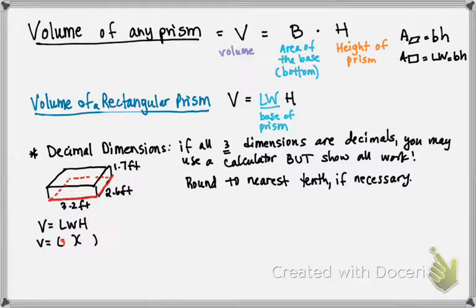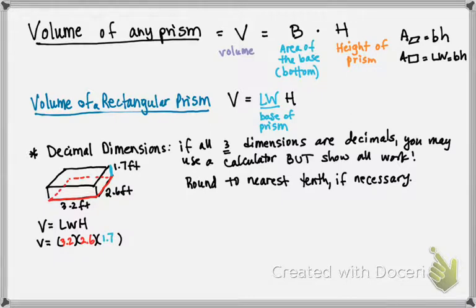So I'm going to get 3.2 times 2.6. And by the way, do not judge the drawing and the numbers. Just trust the numbers. Now the third guy is going to be the dimension that separates the bottom from the top. So it's going to be a vertical line from the bottom to the top. So that's going to be your height.